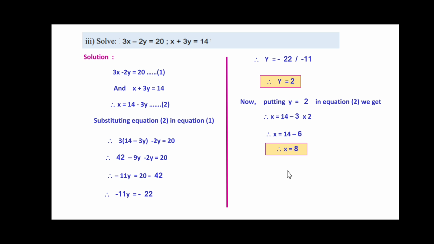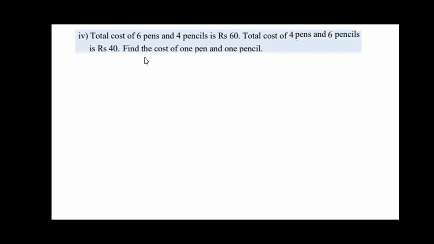Now we will see question number 4. The total cost of 6 pens and 4 pencils is rupees 60. The total cost of 4 pens and 6 pencils is rupees 40. Find the cost of 1 pen and 1 pencil. Friends, we will start.